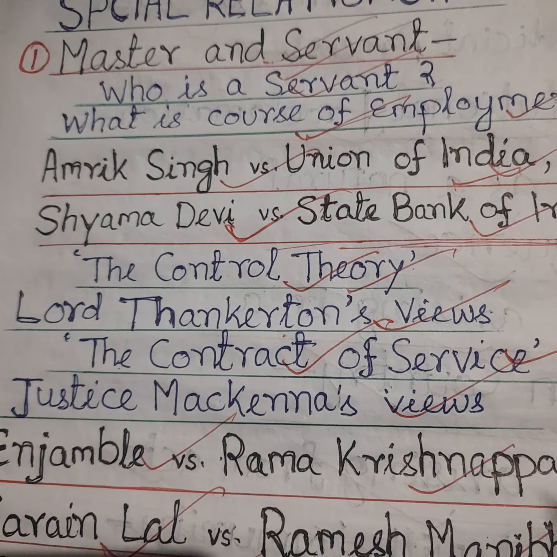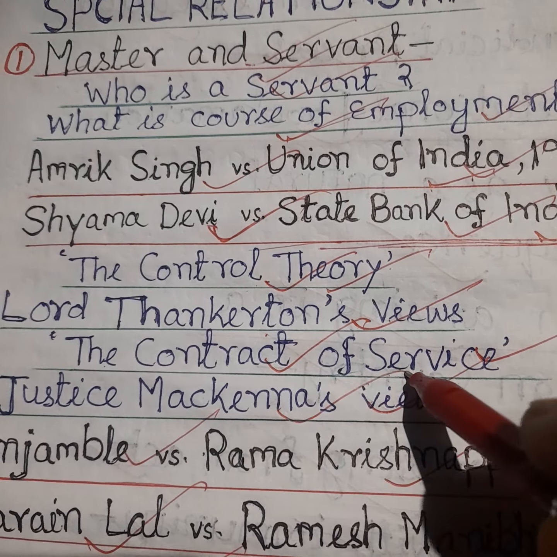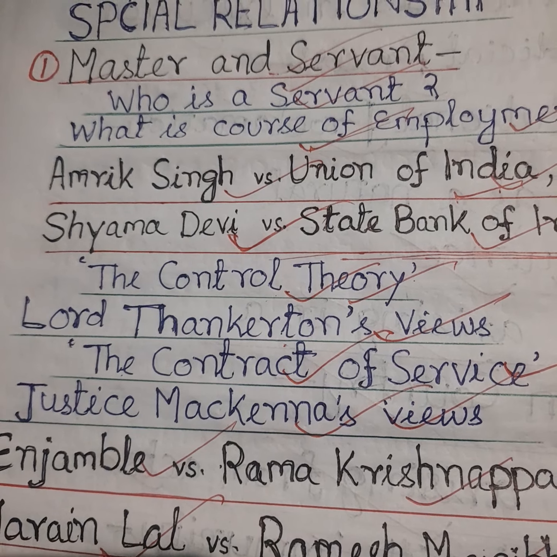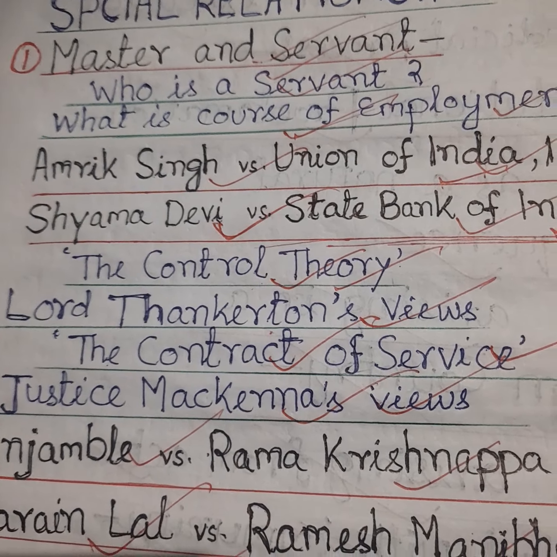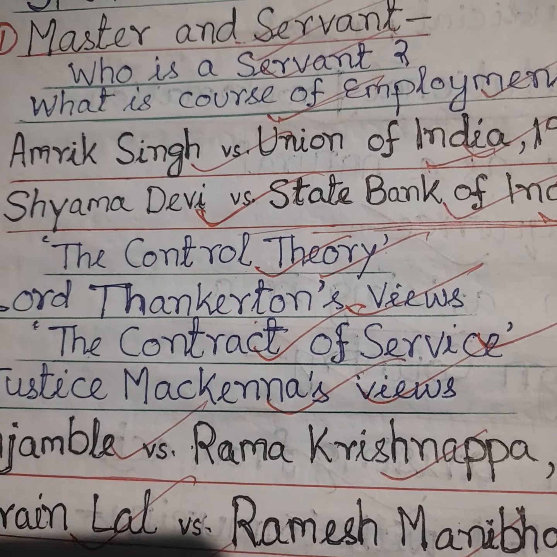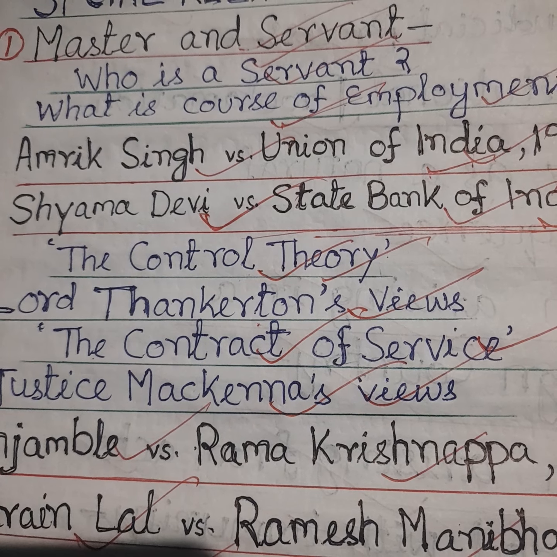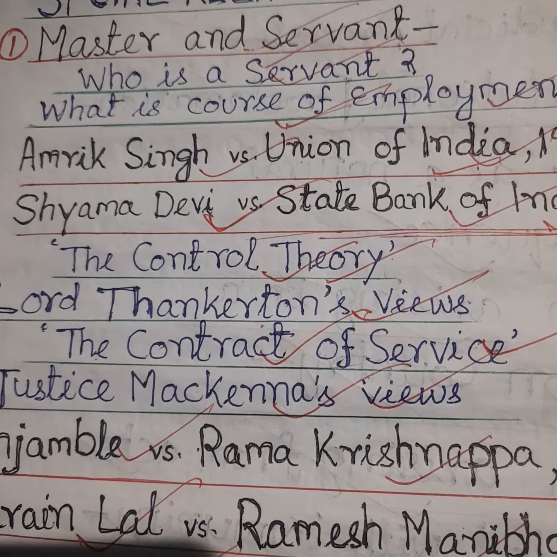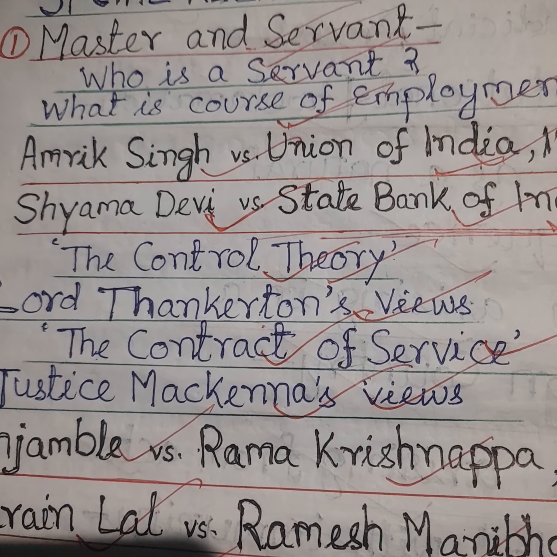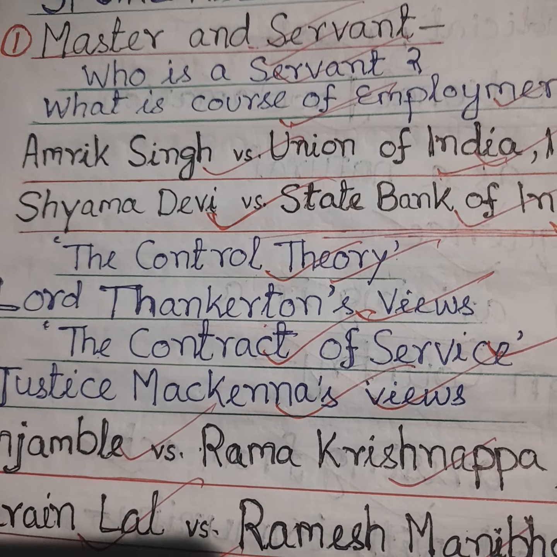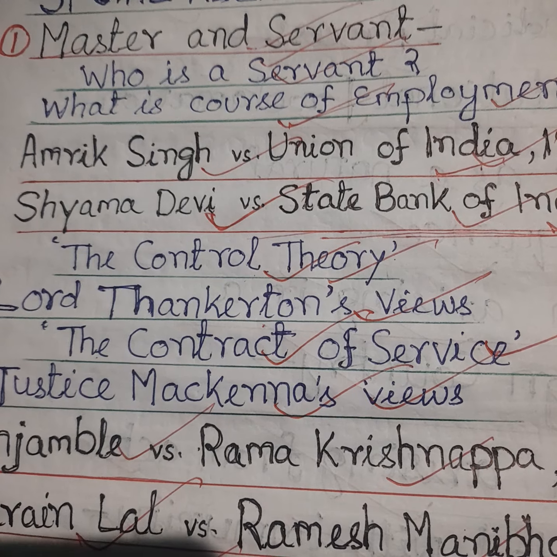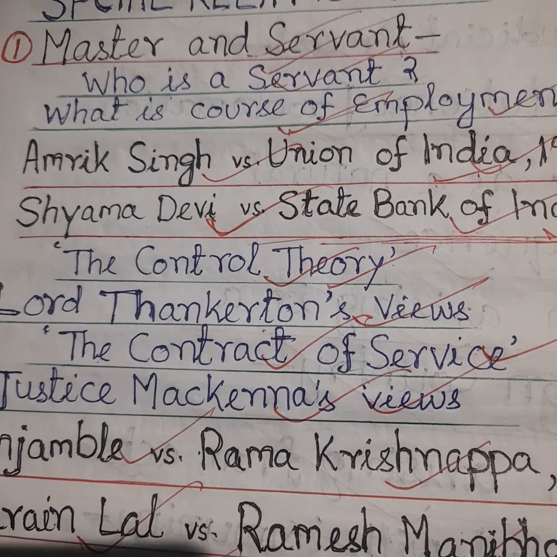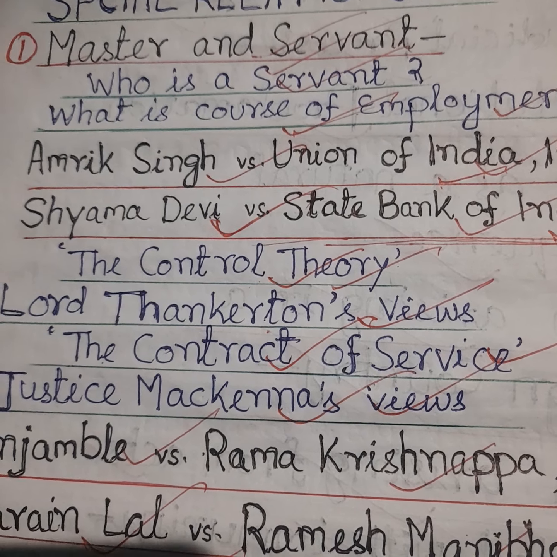Further, Justice McKenna expressed that for the existence of a contract of service, the following shall exist. One, the servant agrees that in consideration of a wage or other kind of remuneration, he will provide his own skill and work in performance of some service for his master.